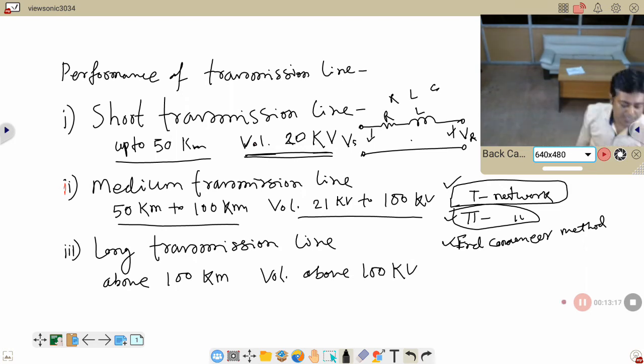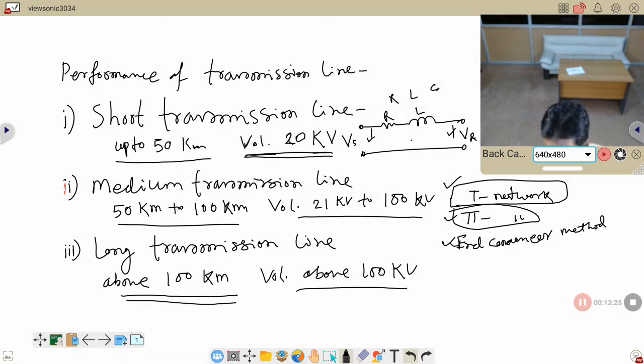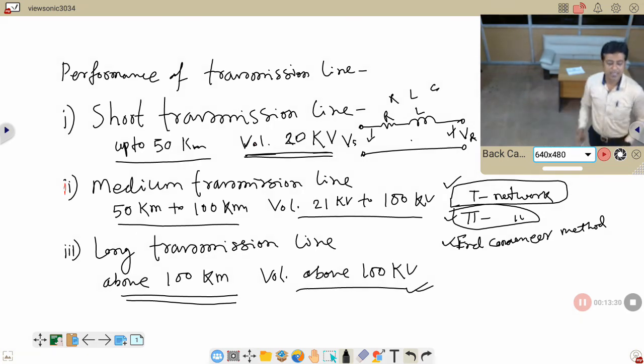In case of a long transmission line, the length of the transmission line is above 100 kilometers, and the voltage is above 100 kV. That means there is no way to ignore the parameters.